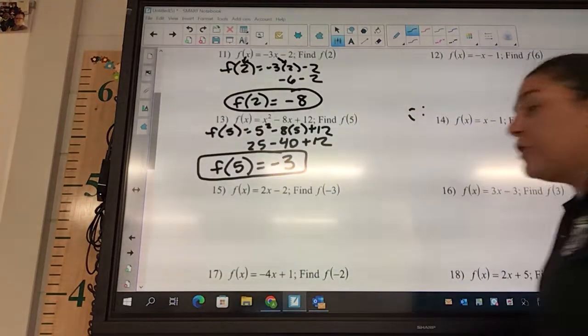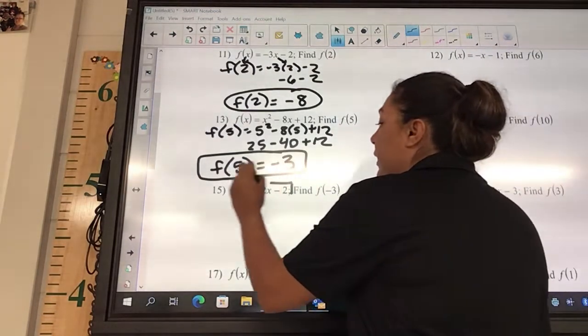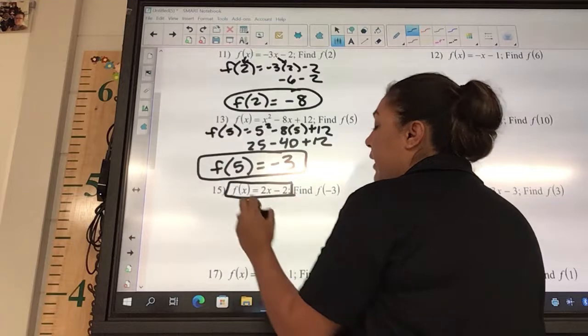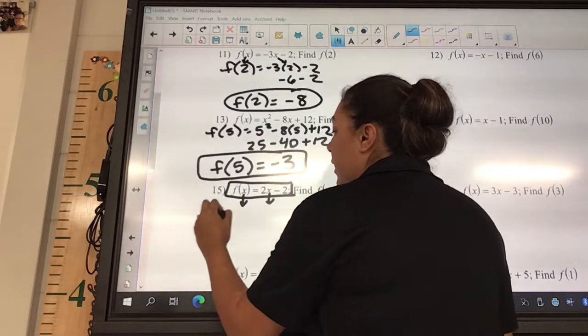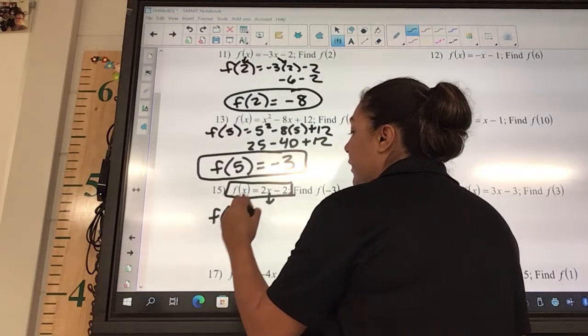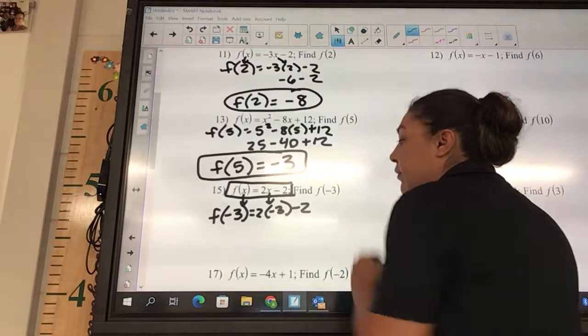Okay, 15, we're trying to find f of what? -3. So everywhere there's an x in this part, what are we putting in? -3. So that means right here and right here, there should be a -3. So f of -3 equals 2 times -3 minus 2.